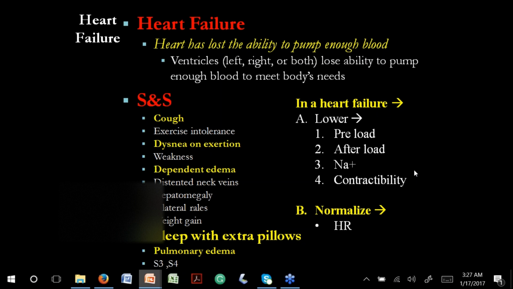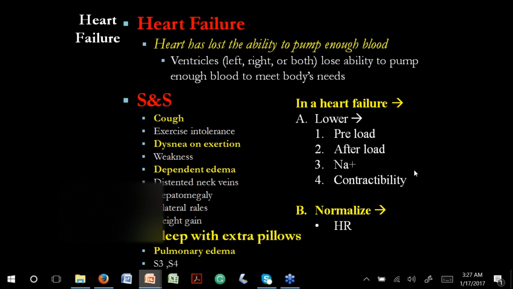Okay, so signs and symptoms: cough. Why cough? Because the heart cannot pump all the blood, so there is some flooding of fluid from the blood into the lungs. This increased pressure of the pulmonary arteries within the lungs is going to make water escape and produce flooding. So that is what gives the coughing.